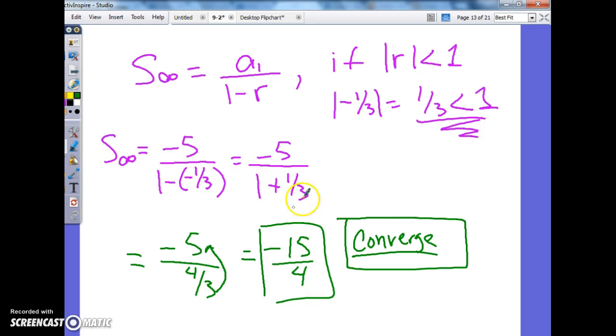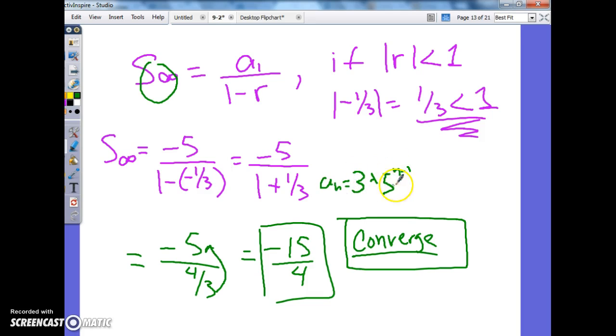My sum converges on a value because of this common ratio. The words converge and diverge are really applicable to infinite sums. If we took some first term and multiplied it by a common ratio of 5 to the n minus 1, this would be a formula for the nth term.